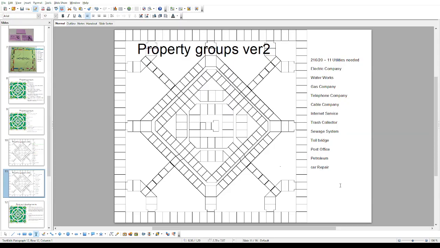Actually, toll bridge would work. Yes, because these are all things that could. Okay, some of these, I'm going to just get rid of sewage. I can't think of any place that doesn't have water and sewage bundled together.